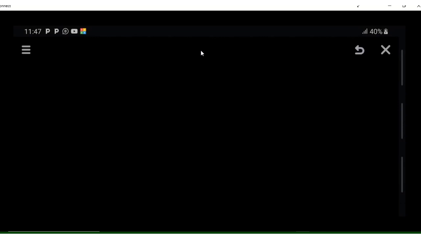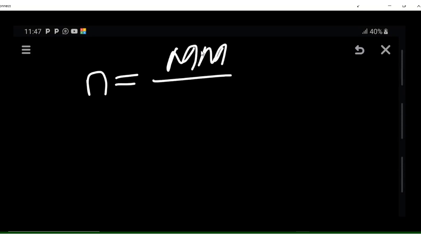You find the molar mass, then you find the ratio. The ratio is N equal to molar mass over empirical formula mass. This is the molar mass for the empirical formula.